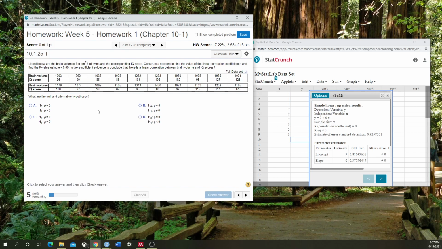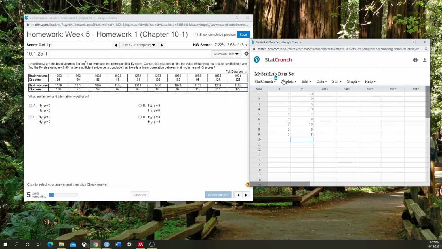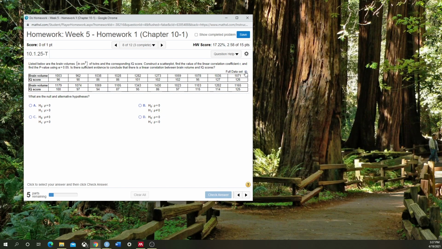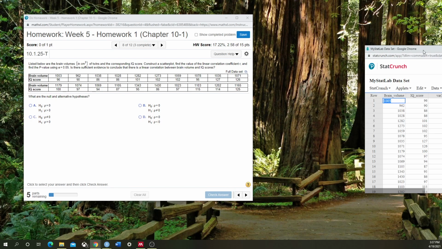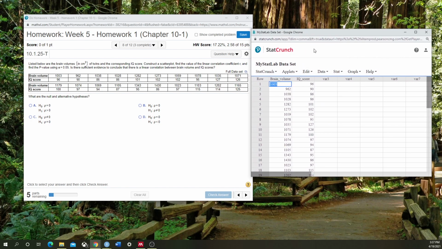All right, going forward, I think this is a pretty good question. I'm just going to exit out here because look at all these results I have. I'm going to reopen this, open in StatCrunch. Here's all my data. I'm looking at brain volume, the overall size of a person's brain, versus their IQ score.